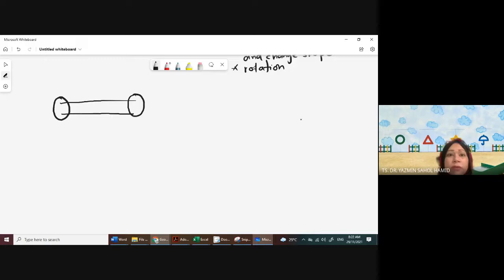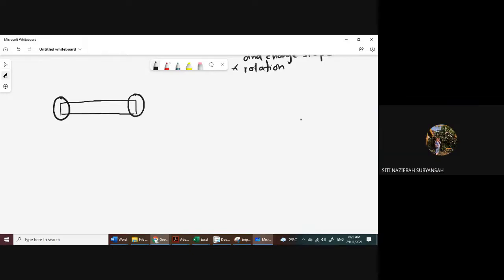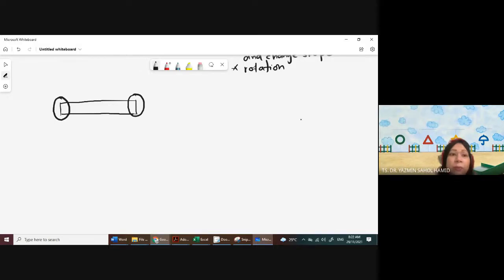When it moves in a straight line, what do you understand by that? What is moving in a straight line? Rectilinear. Yes. When you hear rectilinear, if you see this particle here moving to this other position, this path is what you call rectilinear translation.